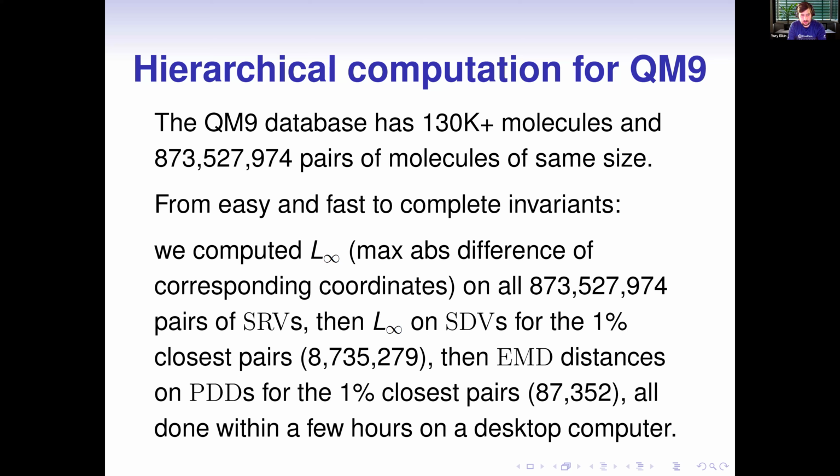Then we went to SDV, where we took 1% of this number and computed the SDVs on those pairs, and then again took the 1% closest pairs and computed the PDD pairs. And then we continued with our more sophisticated invariants to compute 10,000 for the last one. And the whole process took only a few hours on the computer.